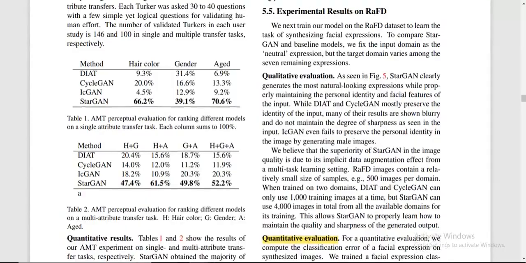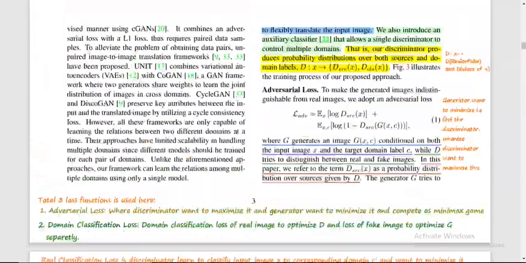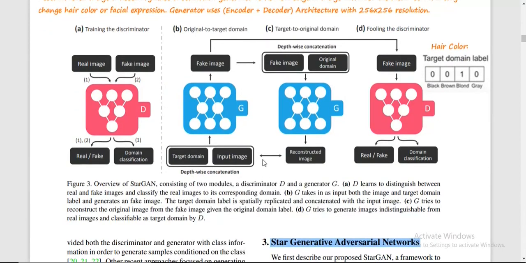And again, I forgot, I want to mention one thing: in these architectures, for the reconstructed image, they use the same generator, right? They don't use a different generator but use the same generator, changing the target domain and the input.